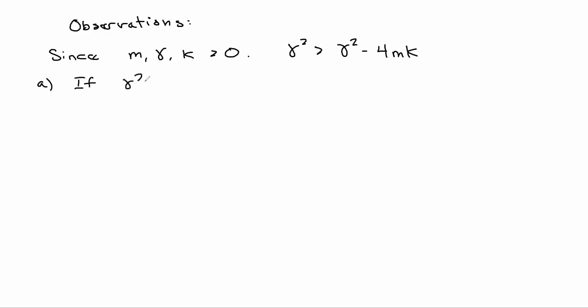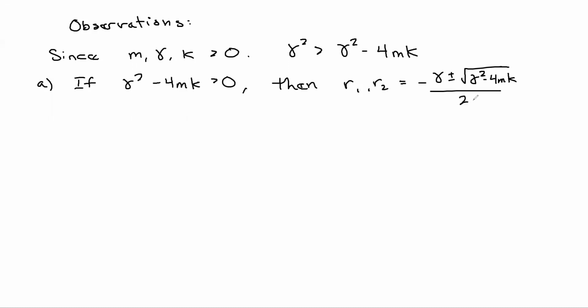If gamma squared minus 4mk is greater than 0, then r1 and r2, which equal negative gamma plus or minus the square root of gamma squared minus 4mk, over 2m, have to be less than 0.